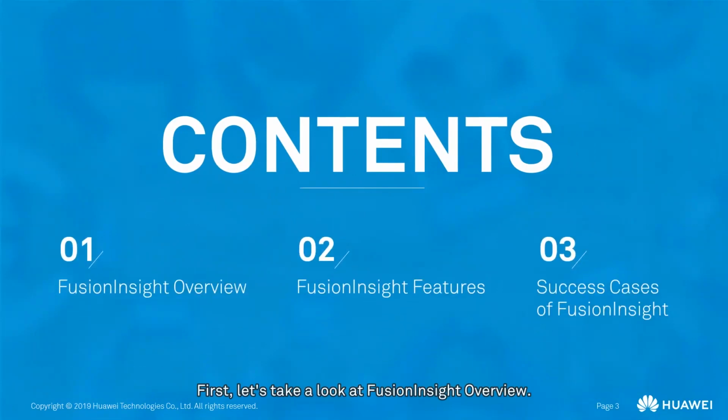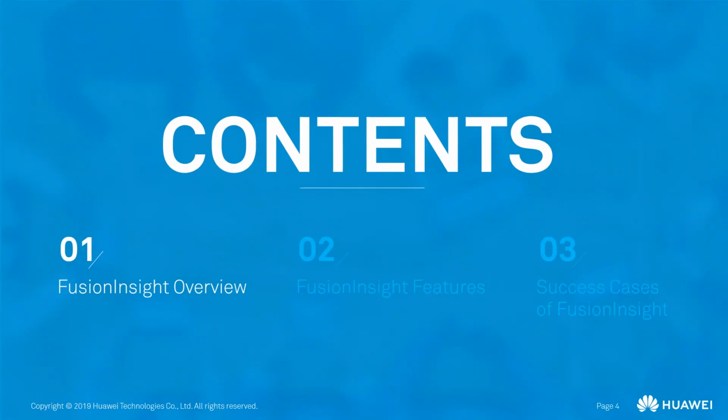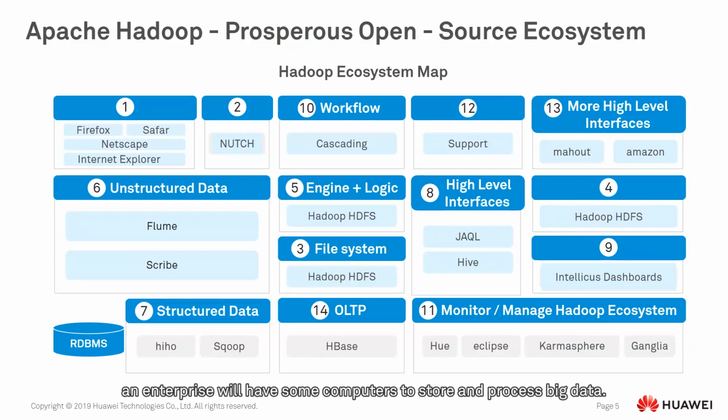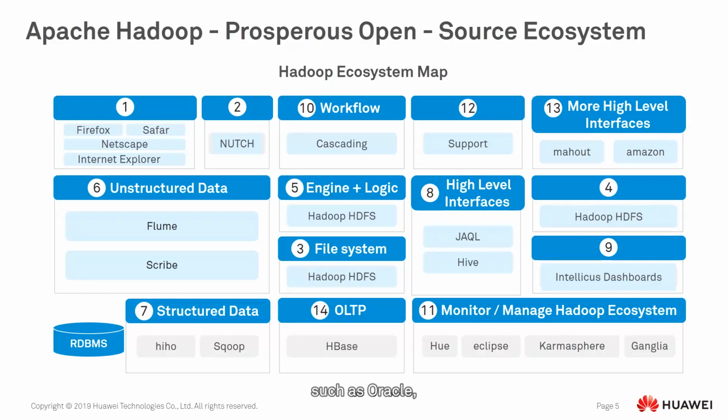First, let's take a look at the FusionInsight overview. Traditionally, an enterprise will have some computers to store and process big data. Data is usually stored in an RDB, relational database, such as Oracle, MySQL, SQL Server.